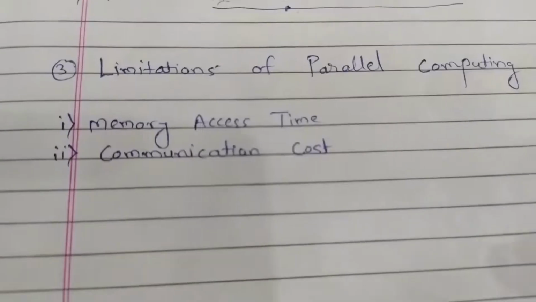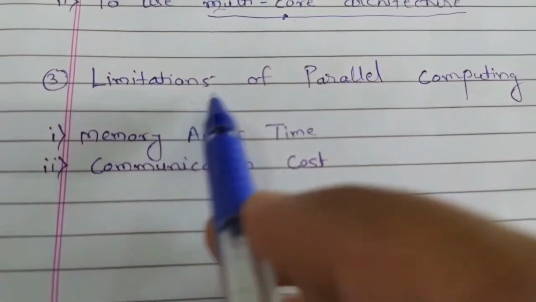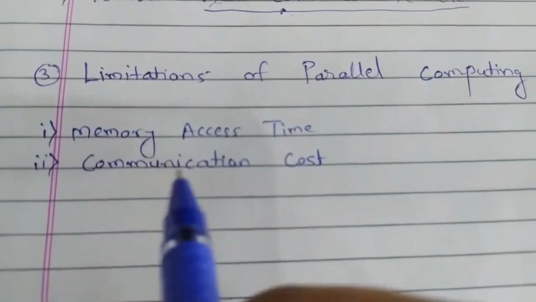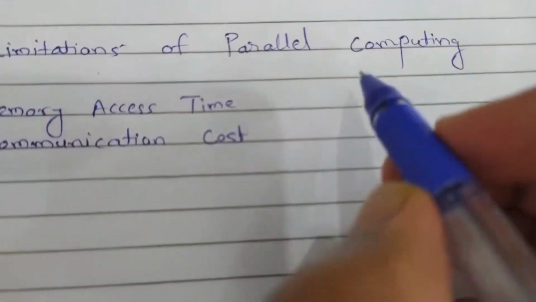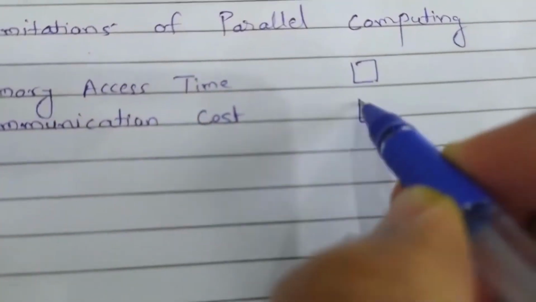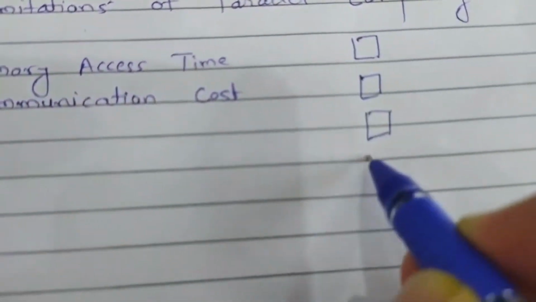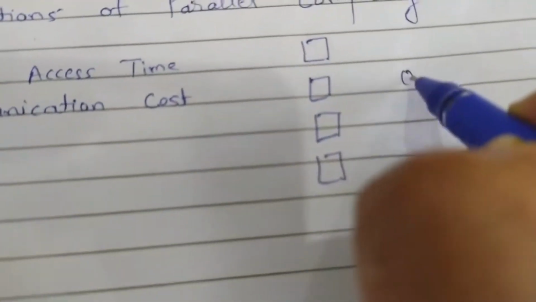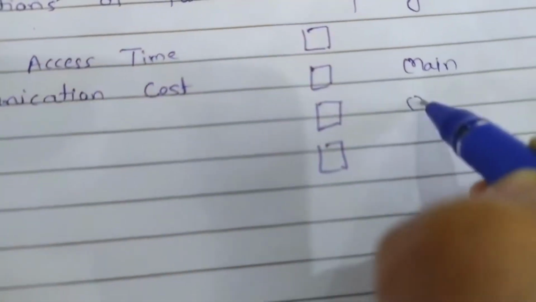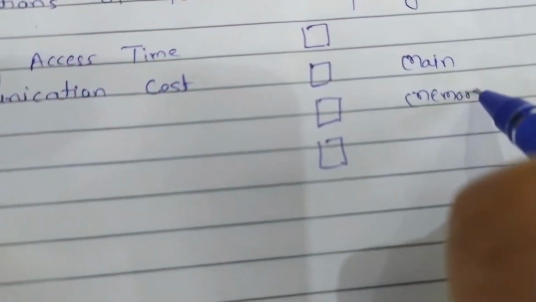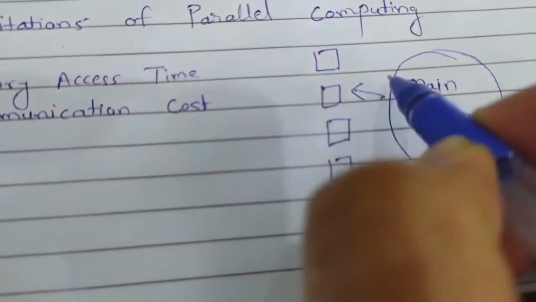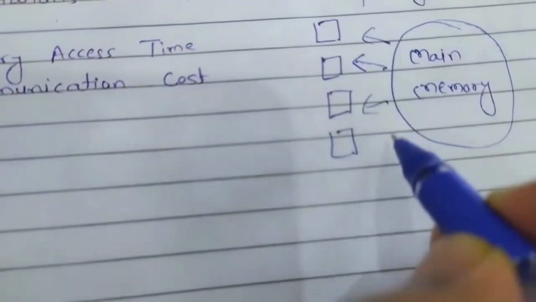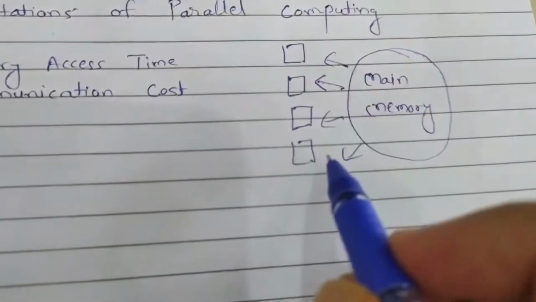There are some limitations of parallel computing. For example, though we have multi-core architecture or multiple cores, they are still accessing the same memory. So we have the same main memory, and from main memory the data and instructions are given to the processor. Our processors have higher frequency.